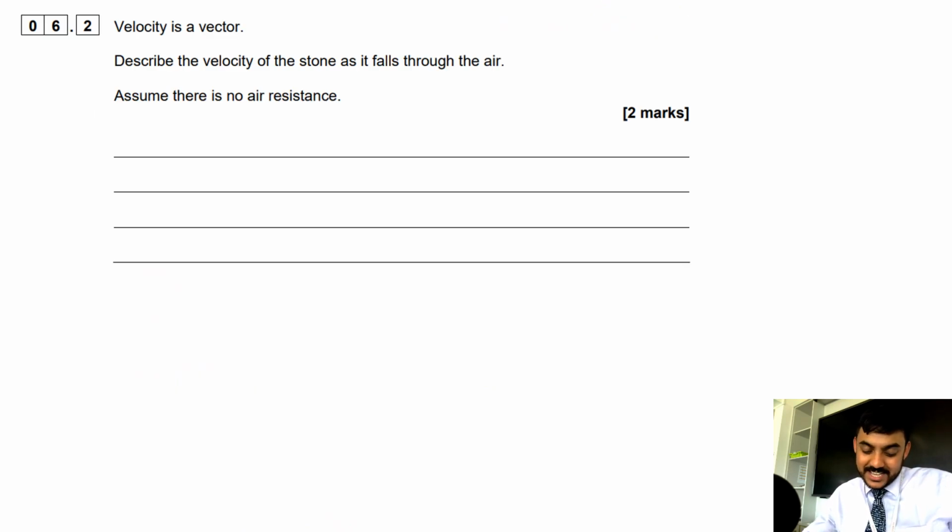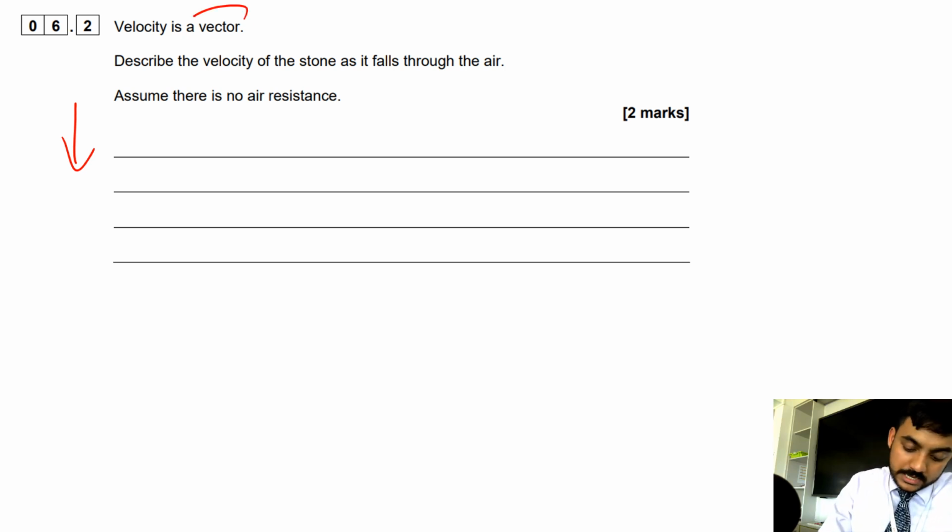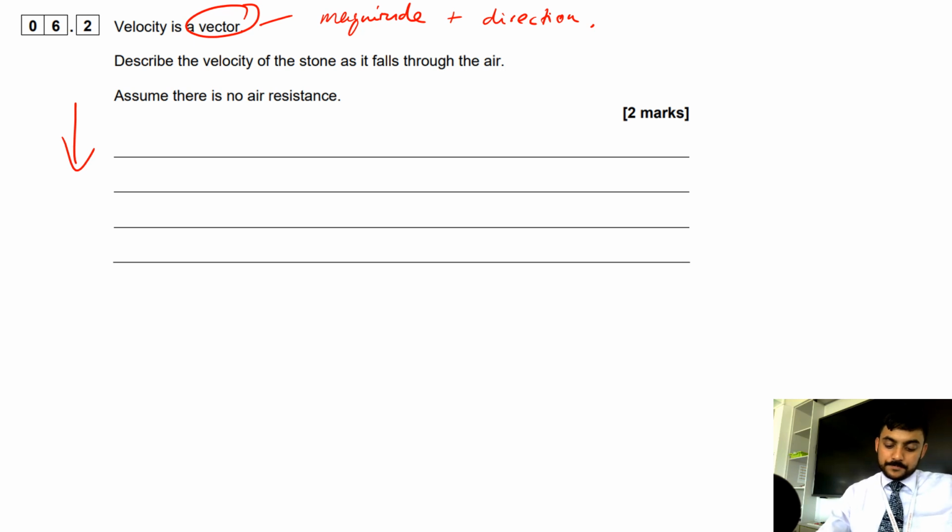Velocity is a vector. Describe the velocity of the stone as it falls through the air. Assume there is no air resistance. As it falls through the air, this is the direction of the fall. Remember, velocity is a vector means it has a magnitude, which means a size, plus direction. And what happens to the velocity?